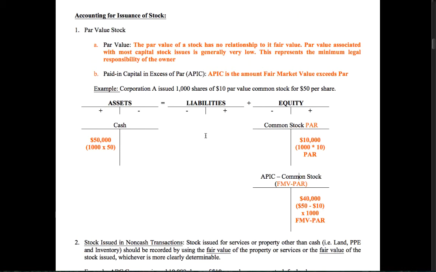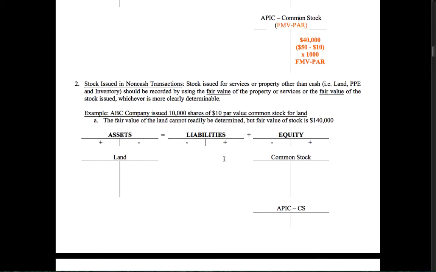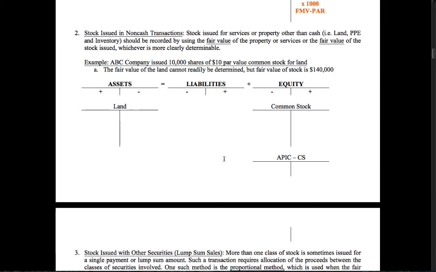So that transaction reflected just par issuance of par value stock. Next, let's cover what happens when you issue stock for non-cash transactions. In this example, this is when you issue stock for services or property other than cash.